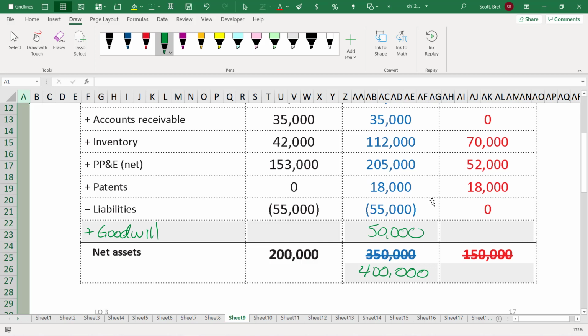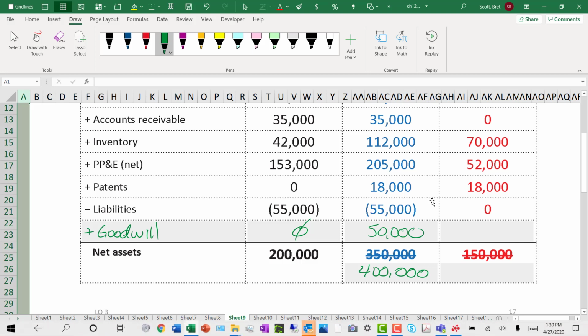Goodwill, which doesn't appear anywhere in the assets of Mineral Light, is the $50,000 that we pay above the net assets, the fair market value of the net assets.